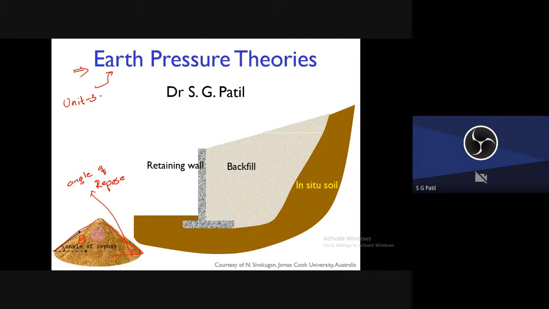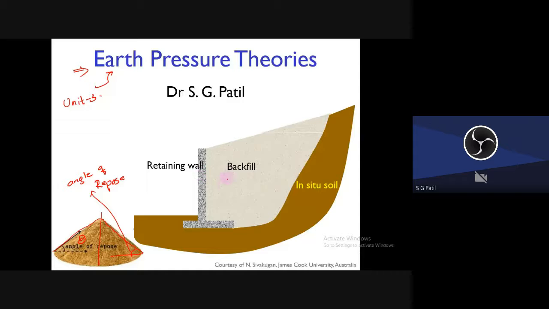In many circumstances, you have to maintain this slope almost 90 degrees. That means you don't have the luxury of space to have this much length. In many circumstances, you have to retain the soil at almost 90 degrees.